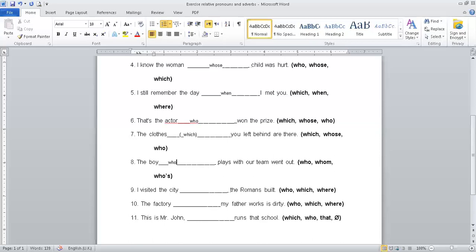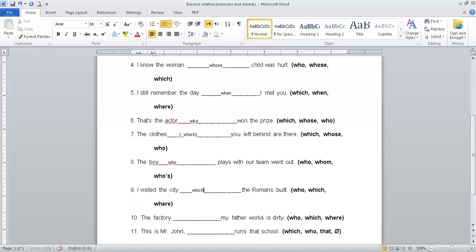Once again we define the city, so we choose which. I visited the city the Romans built. Or, I visited the city which the Romans built. You can drop which. Why can I drop which? Because the Romans is the subject and the city is the object. Since which defines the object the city, you can drop it.